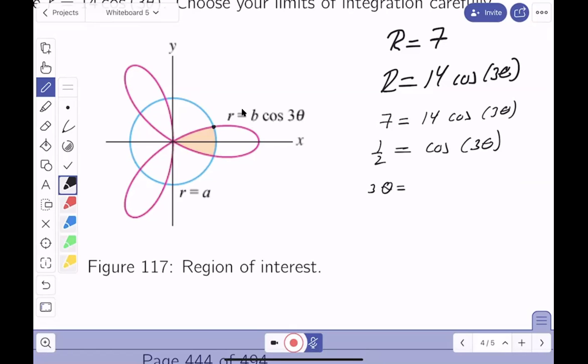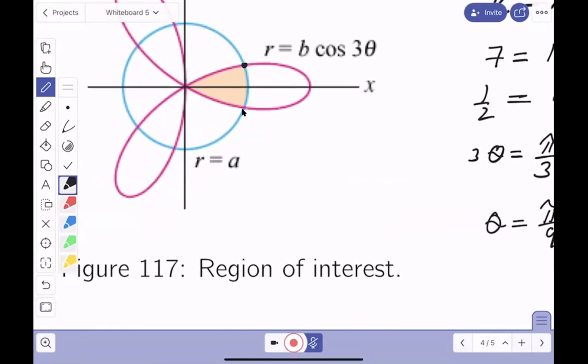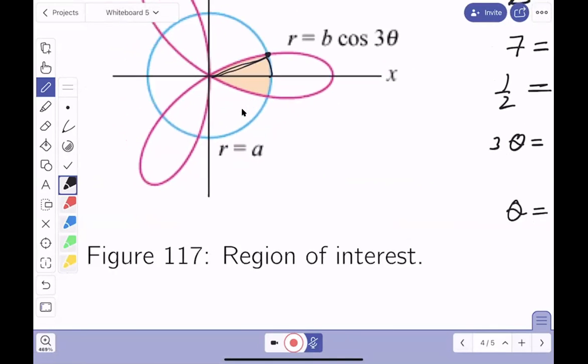Now 60 degrees is what? Pi over 3. So theta would be equal to pi over 9. So I want to blow this up, and I'd like to do this section here first. And what is that? It's just a circle.